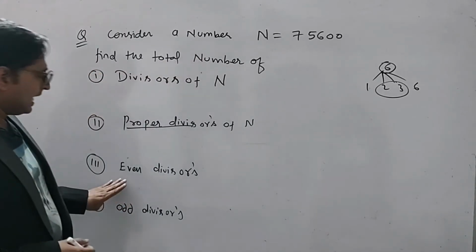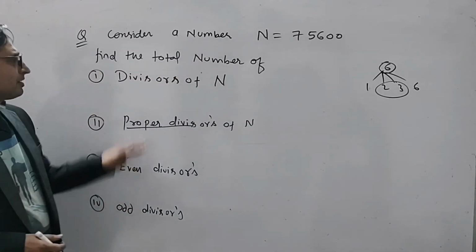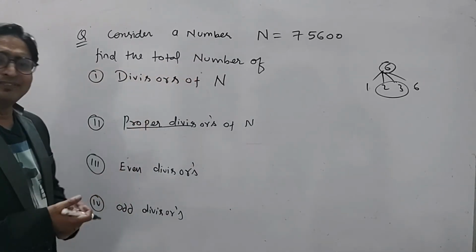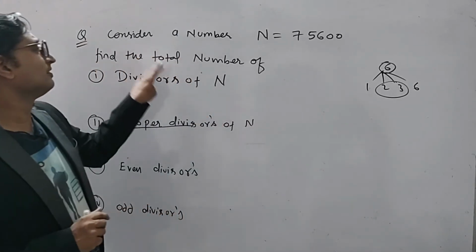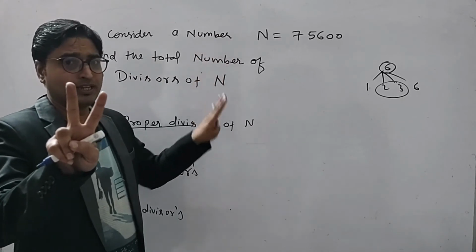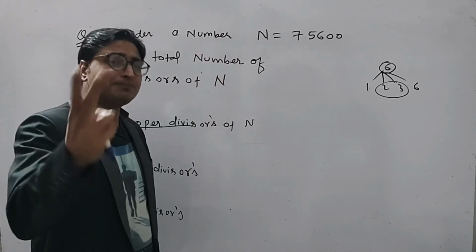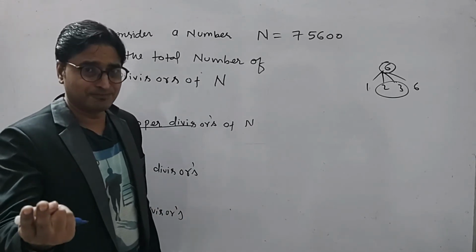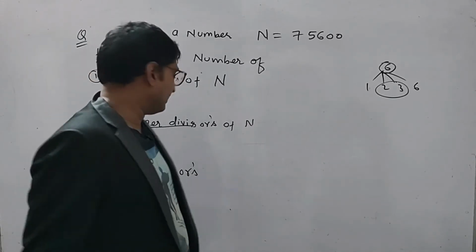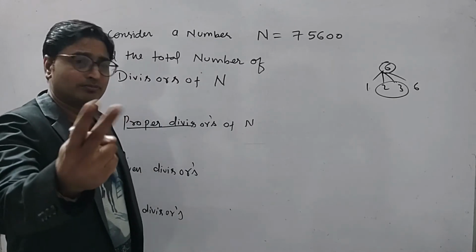And in the third question, find the total number of even divisors. Even divisors means you have to consider at least one 2, meaning that divisor must be a multiple of 2.